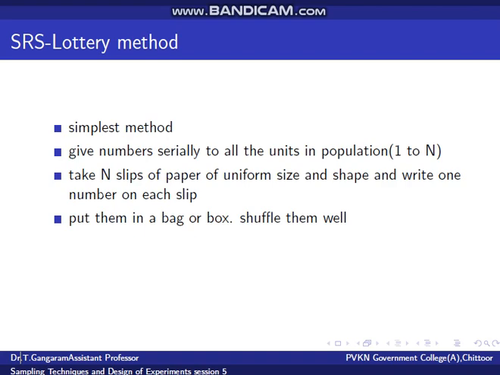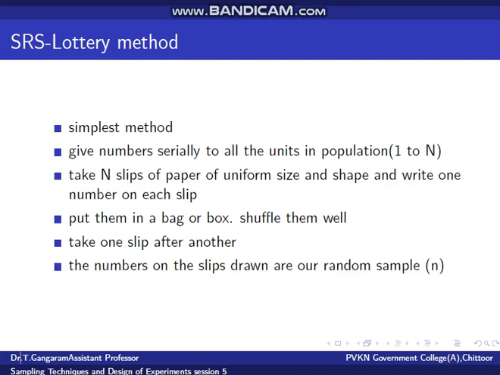Put them in a box and shuffle them well. Take one slip after another until our sample size is reached. The numbers on the slips drawn give us the random sample of size small n.